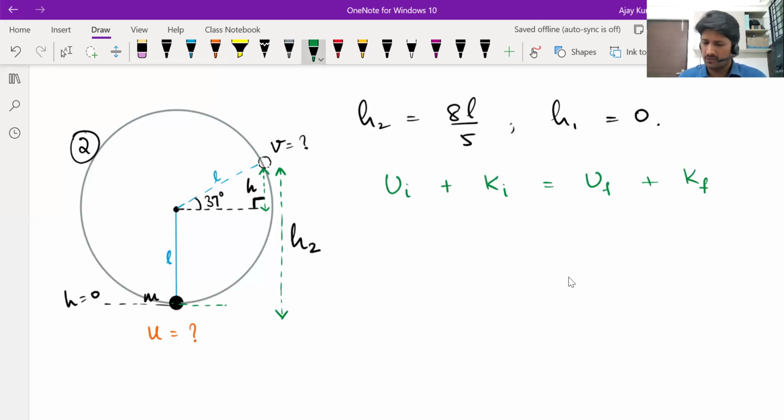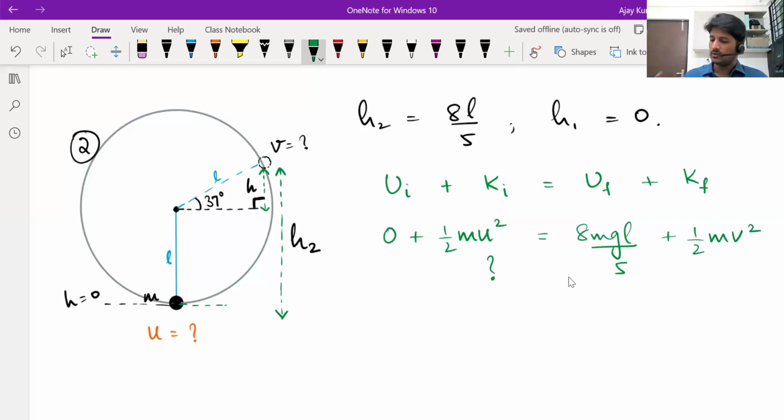Initial potential energy, we know it is mg into 0, so I'll directly write it as 0. Initial kinetic energy, we don't know. This is something we have to calculate. And this can be calculated if you know final potential energy, that is known to us, and final kinetic energy. So U can be calculated if you know V. So V becomes another variable here, another unknown. Now what Vanilla is suggesting is we write V in terms of U. Then only U will be the unknown.